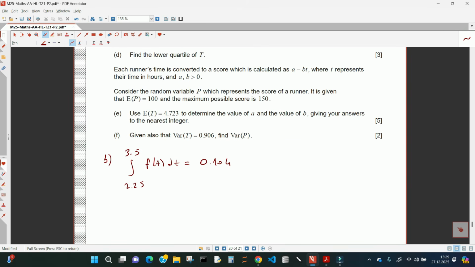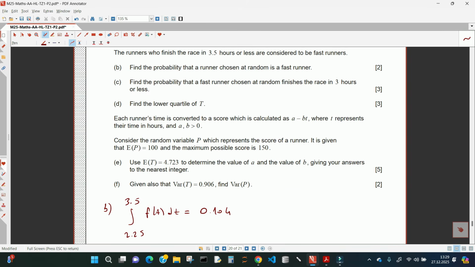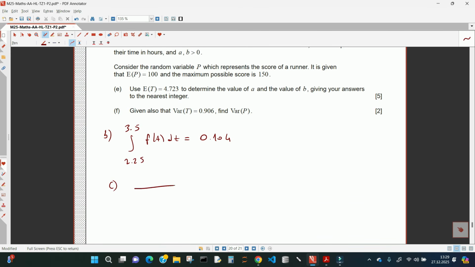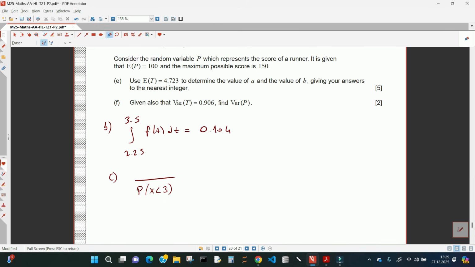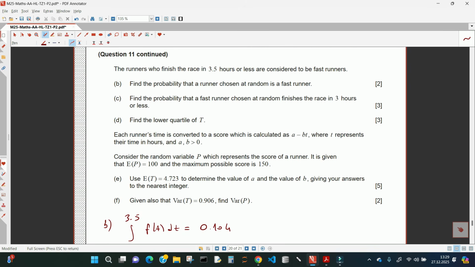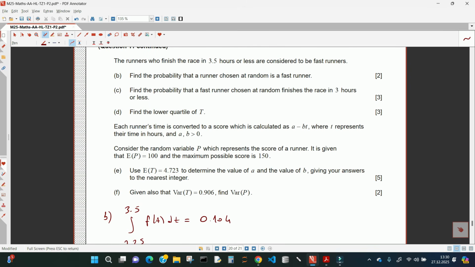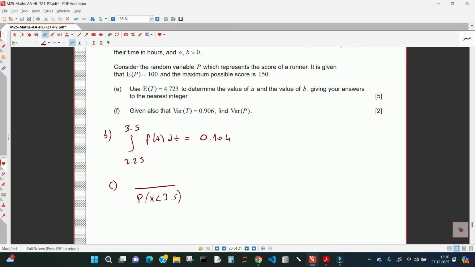Question C, find the probability that the first runner chosen at random finishes the race in 3 hours or less. So it is a conditional probability. It's asking for the probability given less than 3.5, which we found in the previous question. It's chosen from these runners, and we are looking for the probability that the first runner chosen finishes in 3 hours or less.